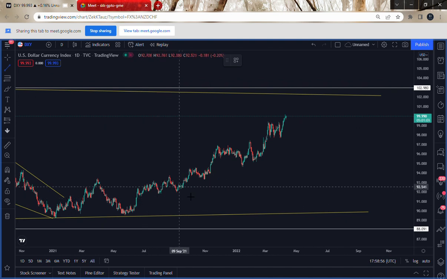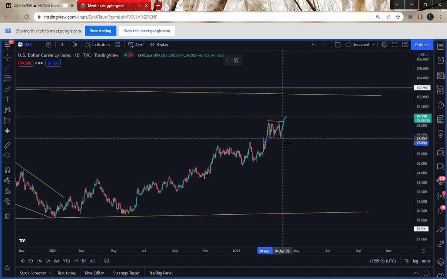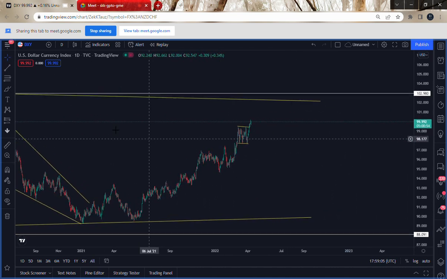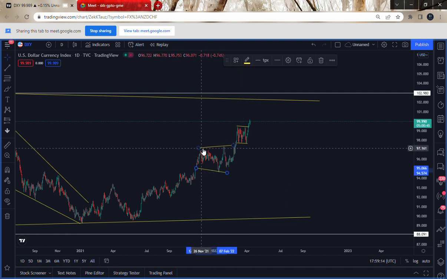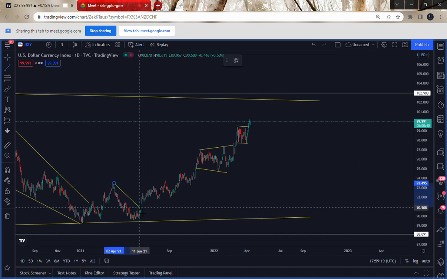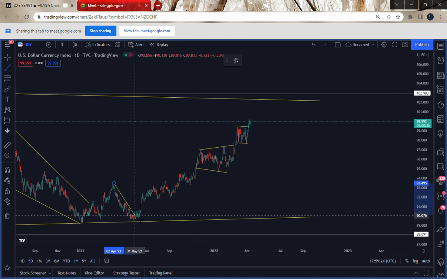So we have the impulse, the correction, the impulse, the correction, the impulse, the correction, the impulse, the last correction right there. I just want this to be visible. This was going down like that. This is the impulse.